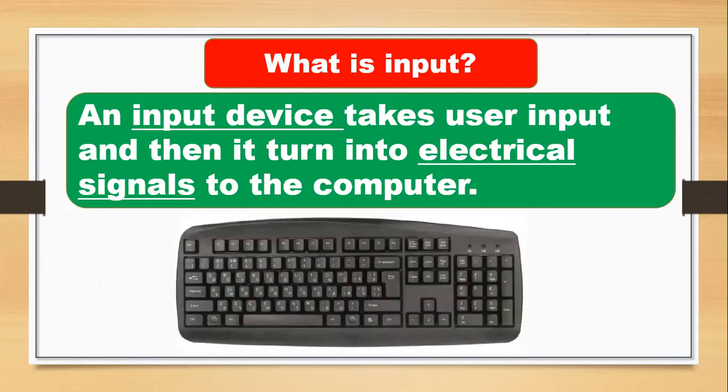So you need a keyboard. You can write numbers, alphabets, letters, or different commands. So this is the input device. An input device takes your information and turns it into electrical signals to the computer.